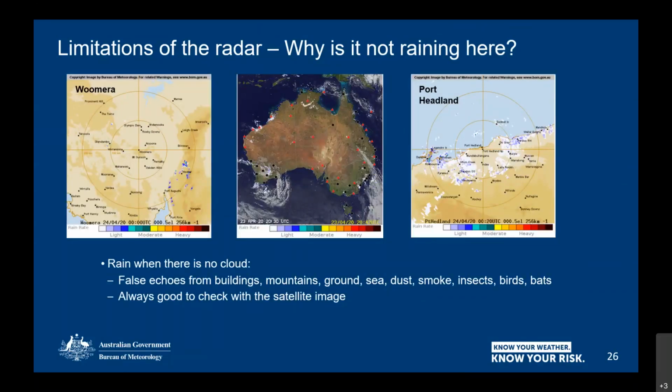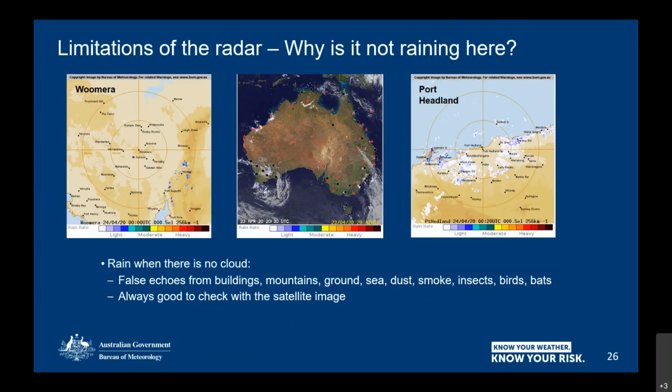This is the opposite effect. This is where there is rainfall reflectivity on our radar images, and yet there's no rainfall falling at the ground. So a common reason for this is that we're getting these false echoes for whatever reason. It could be buildings or mountains. It could be the ground, where the atmosphere has bent the beam down to the ground.